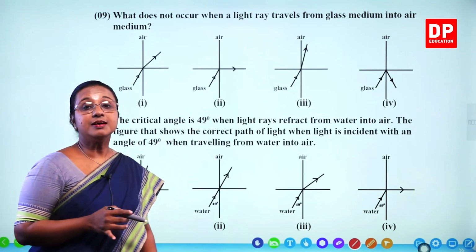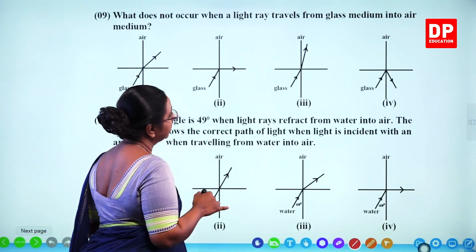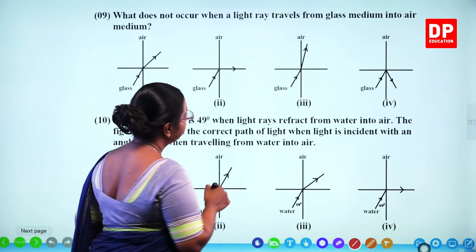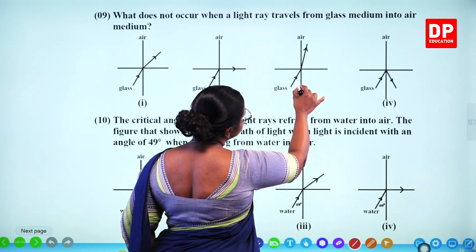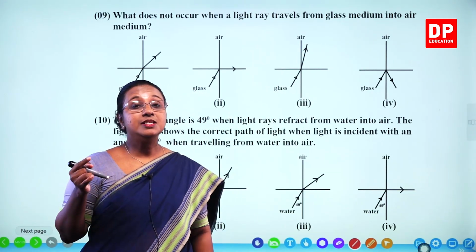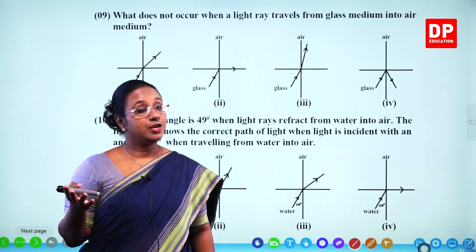This is known as the critical angle. Why? The refracted angle is 90 degrees. So, that is another instance that is possible. Now, the third one. Here you can see this is the incident angle, this is the refracted angle, which is smaller. Is that possible? No.